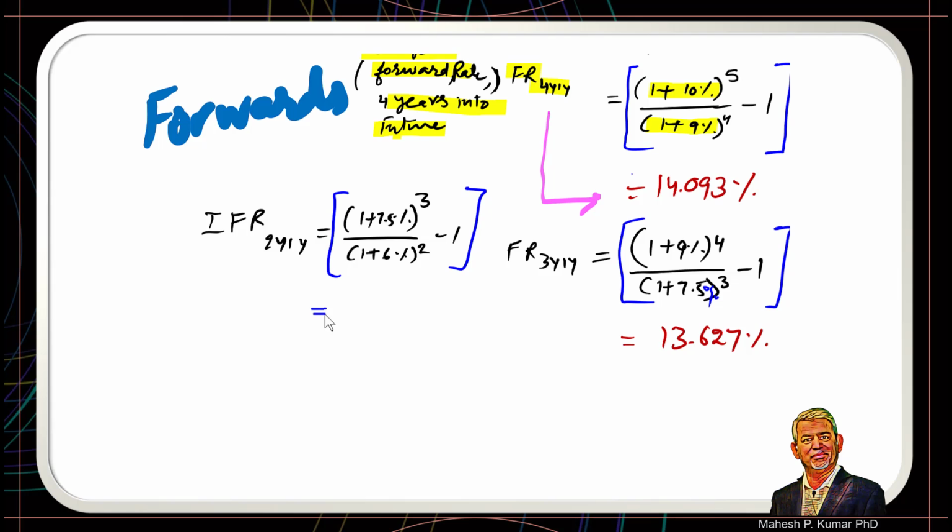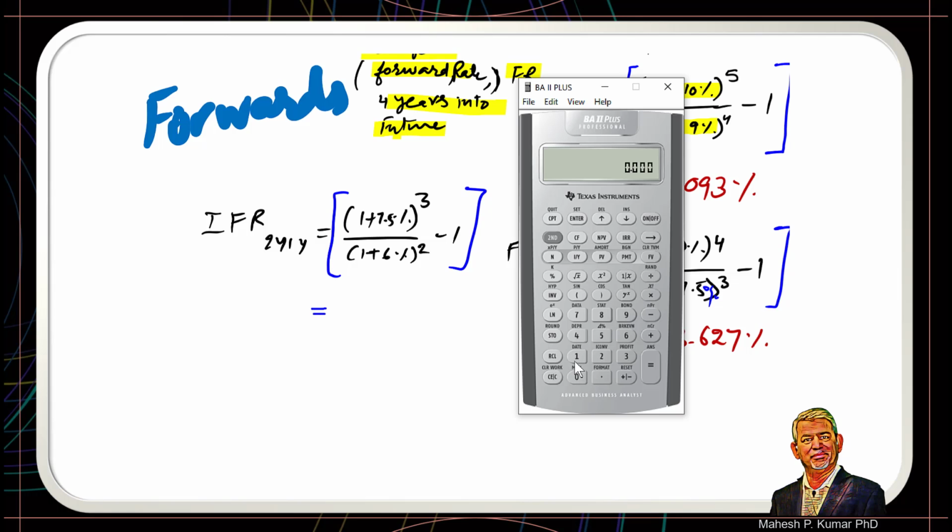So let us do these numbers. 1.075 is this number, y exponent x 3 is equal to, this number we get on the calculator. We will store it in the first memory slot.